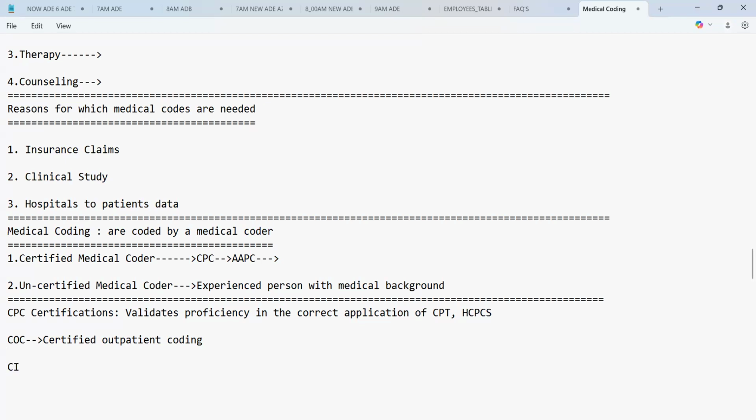And then you have CIC. What is CIC? Certified inpatient coding.